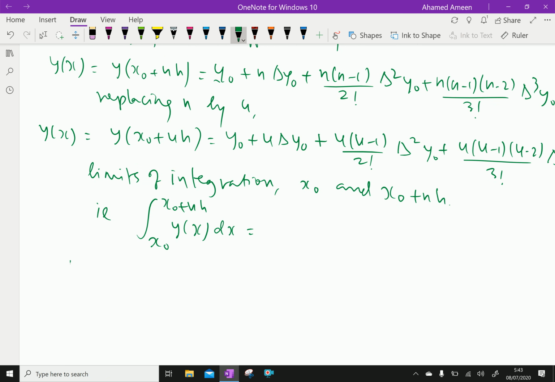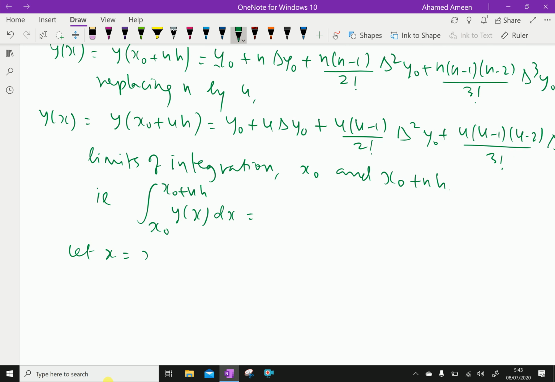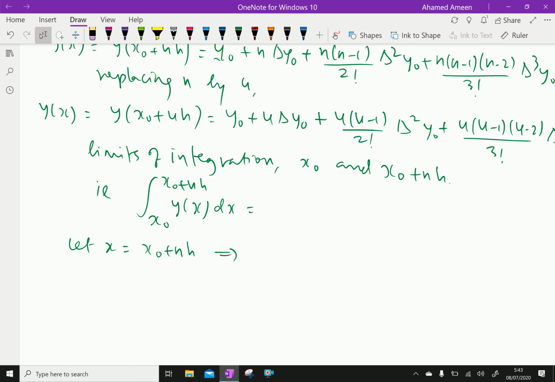Now let x equal x0 plus uh. Differentiating with respect to x, we get dx.